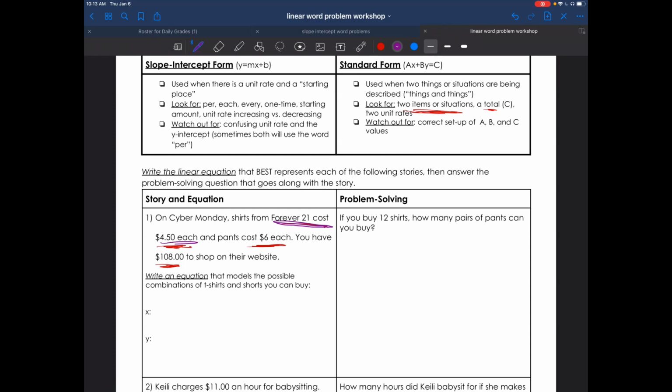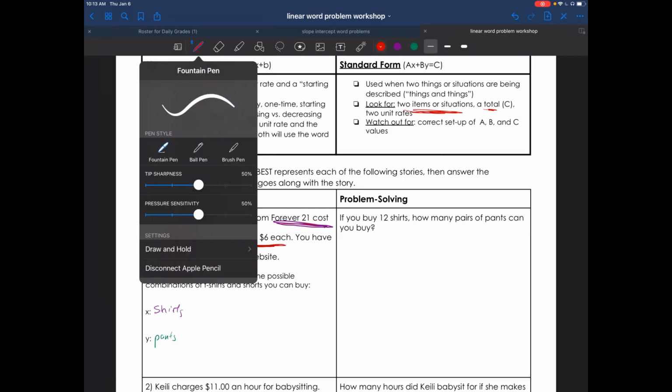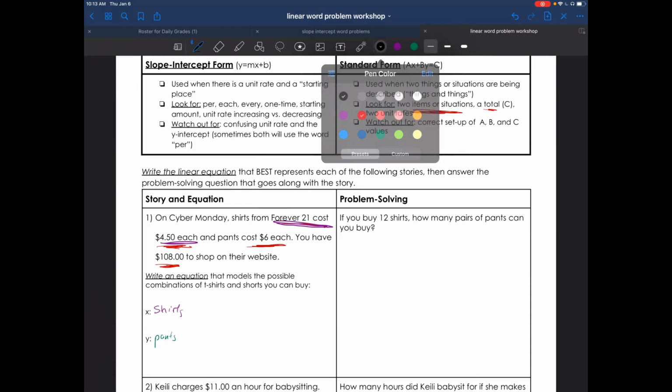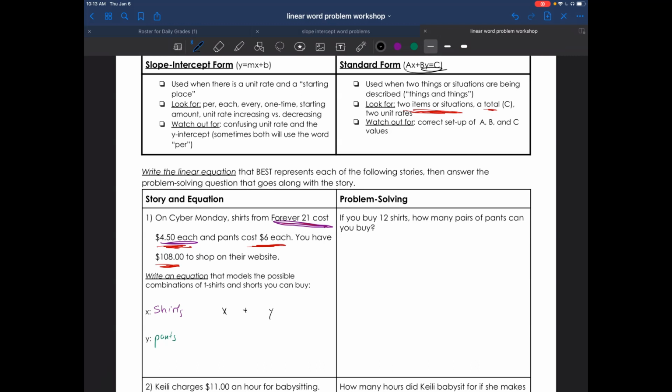We'll do that in purple. So that's my shirts. And then my Y we will do in green, and that is my pants. So in this scenario, we are going to set up our equation using AX plus BY equals C. So I'll say X plus Y equals C. And our C is going to be our $108, okay?